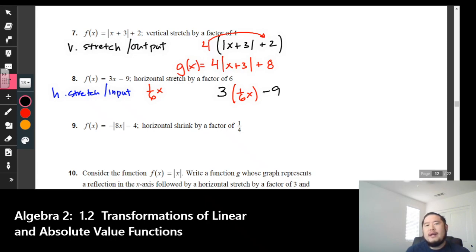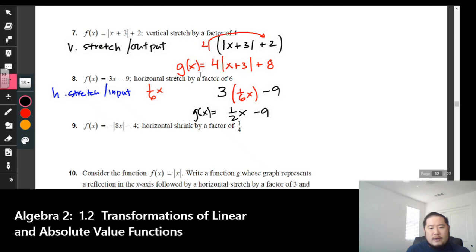And that's how I notate the fact that only the input is being affected. We can go ahead and simplify this, and then we have g of x, 3 times 1/3, that turns into 1/2 x. And then we don't distribute it with the 9 because not everything is in parentheses like it was in number 7. And it's going to be 1/2 x minus 9. And there you go.